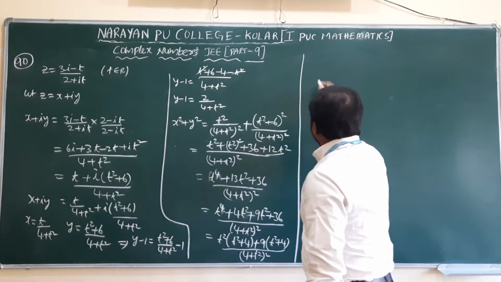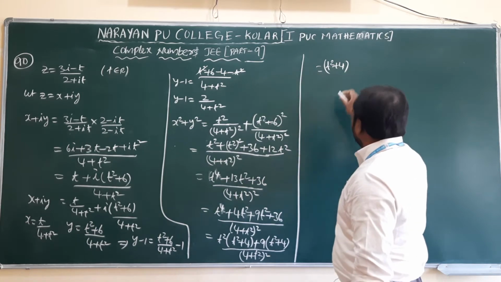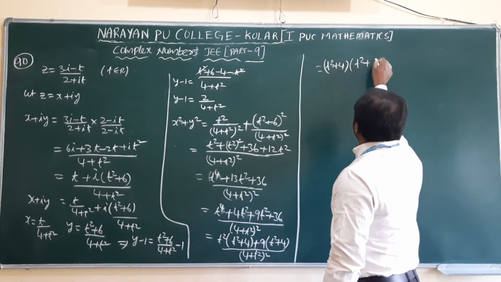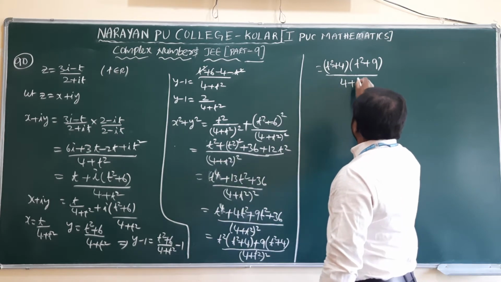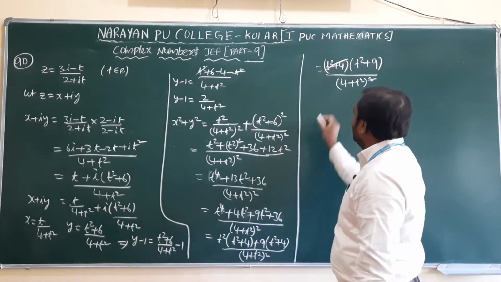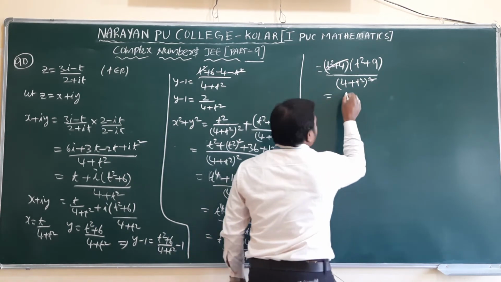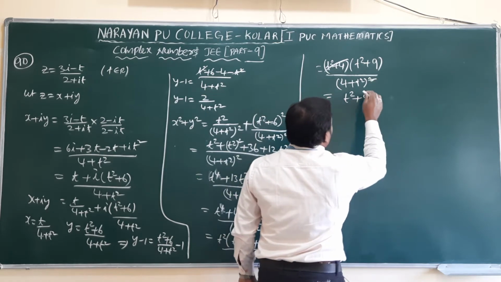Here it can be written like this: t square plus 4 into t square plus 9, divided by 4 plus t square whole square. The square of t square plus 4 gets cancelled, remaining t square plus 9.